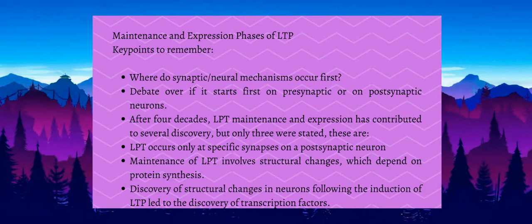First, the LTP occurs only at specific synapses on a postsynaptic neuron, and it was stated that there must be a mechanism for keeping the events at one set of synapses lang on the postsynaptic neuron from affecting nearby synapses on the same neuron.